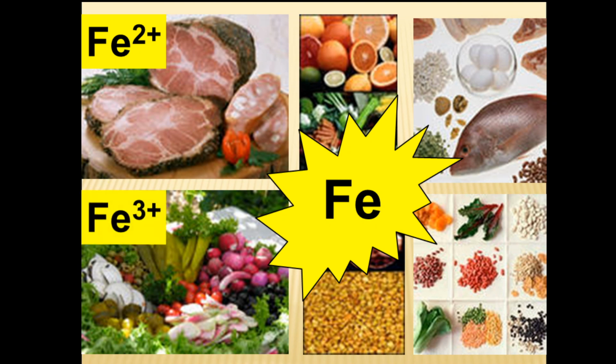In other food, first of all in some fruits and vegetables, iron is presented in the form of third degree iron, which obligatorily must be transformed into second degree iron, depending on the activity of hydrochloric acid in the stomach.